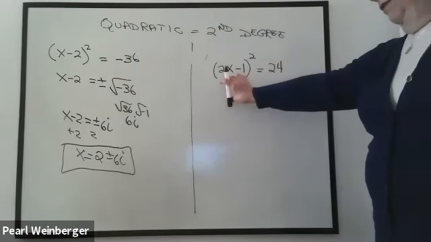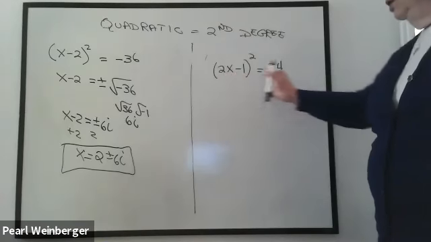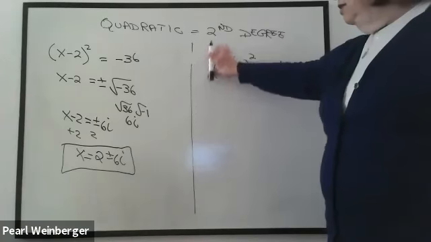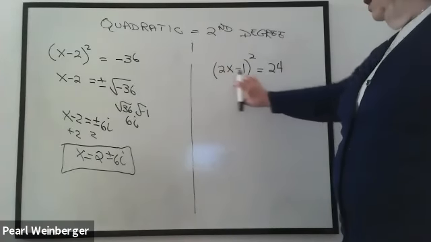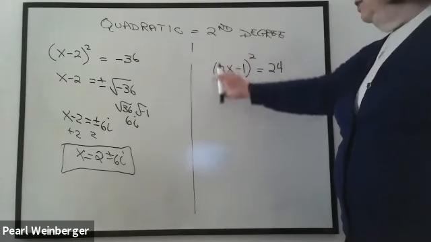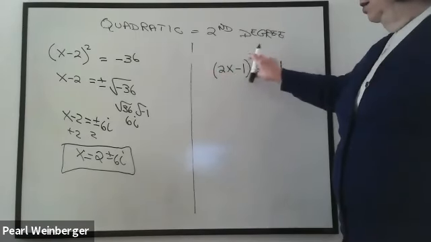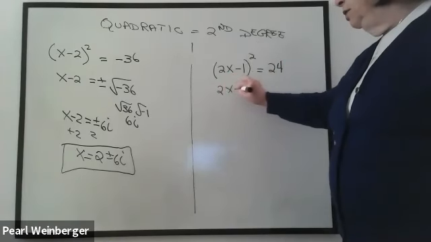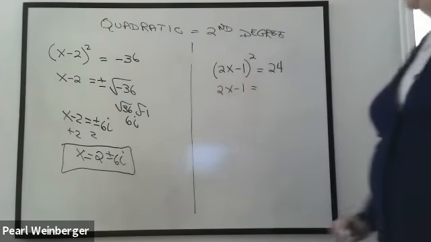So I have this expression, something squared equaling a number. So I know what I have to do is take the square root of both sides. Now the square root of the side that has the square on it is just what's inside that parentheses, 2x minus 1.